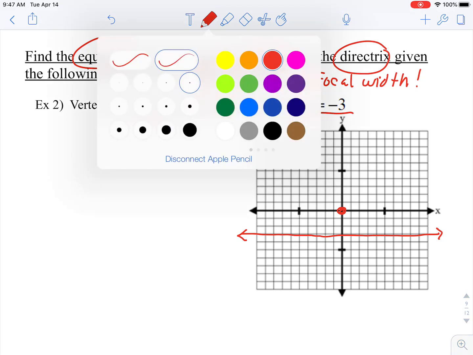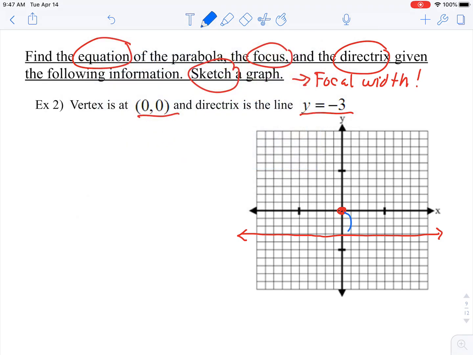And if you look for the distance between the vertex and the directrix, we notice that that's a distance of 3, and that distance is the a value. Now, based on where these are positioned, since we know that the directrix has to be outside the parabola, we know that this parabola has to be opening in the upward direction.